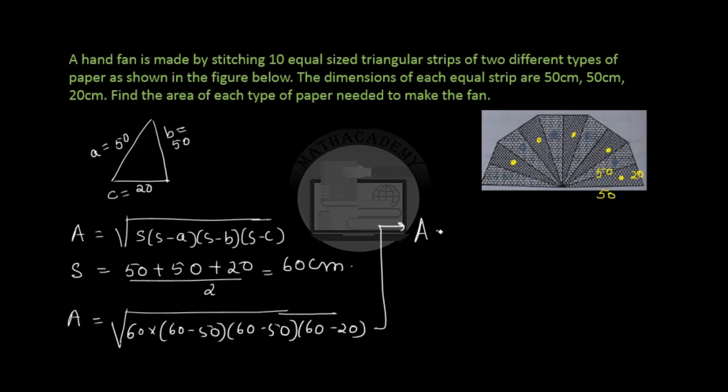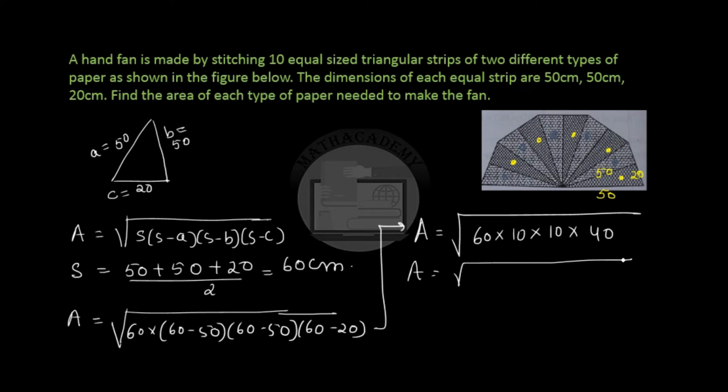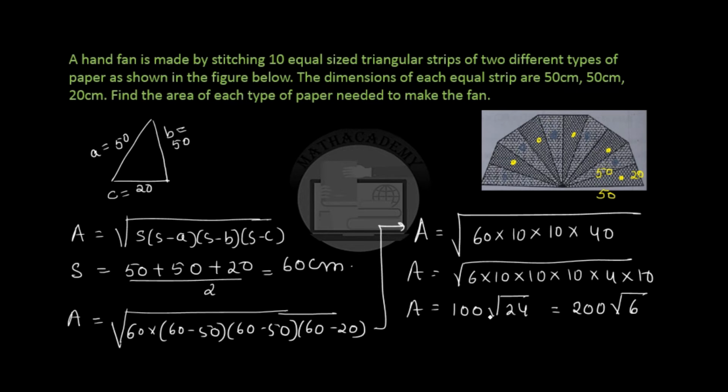On simplification, we get 60 times 10 times 10 times 40, which gives us 6 times 10 times 10 times 10 times 4 times 10, and when we simplify it, we get 100 square root of 24, which is equal to 200 square root of 6. This is the area of one triangular sheet.